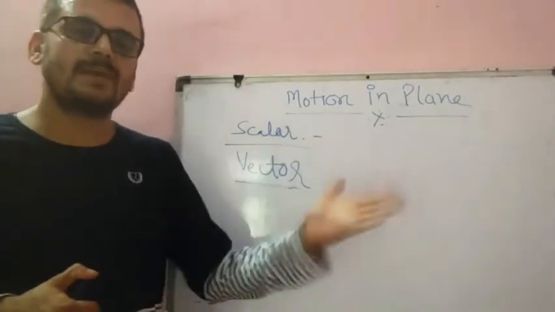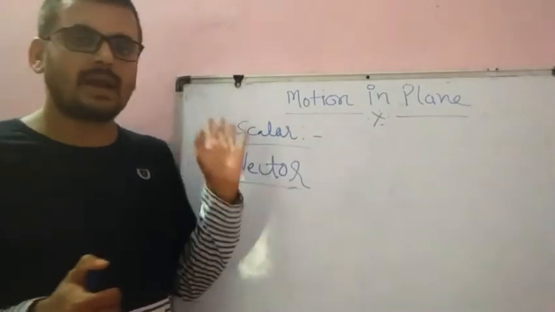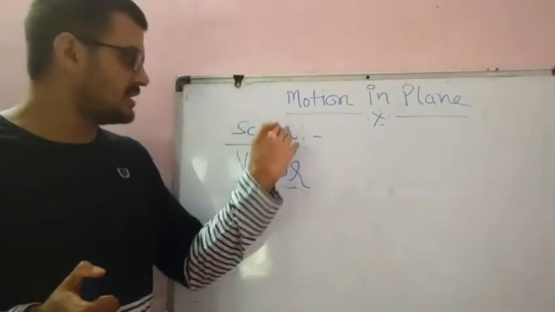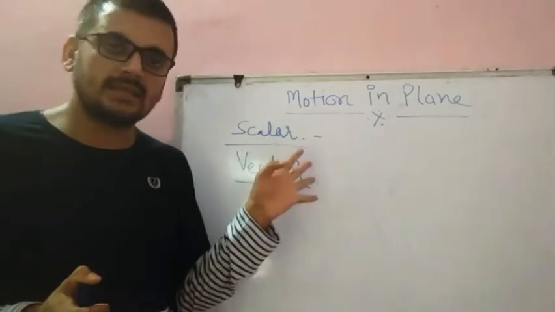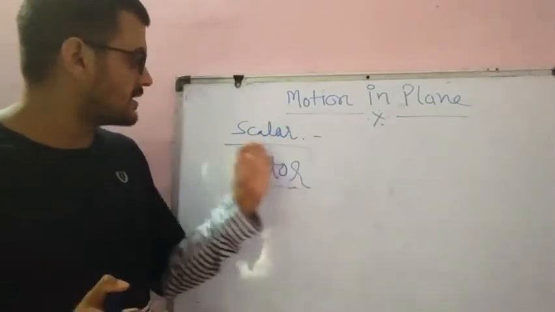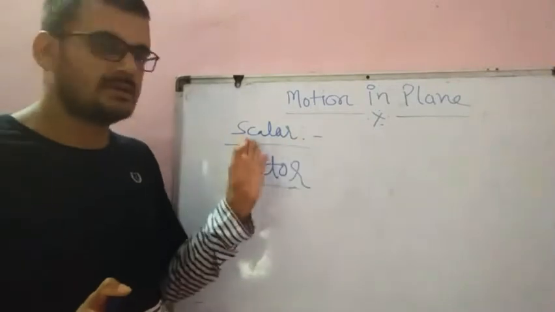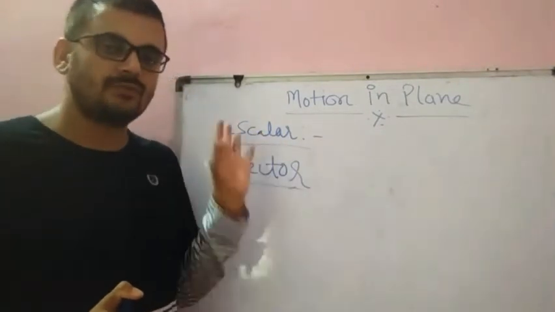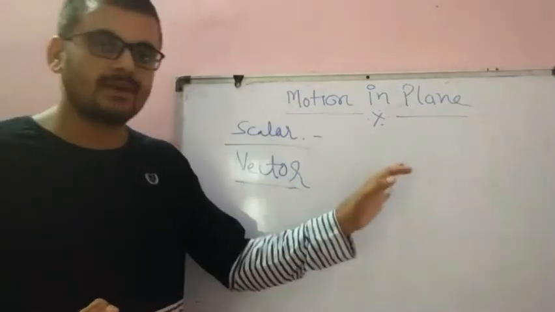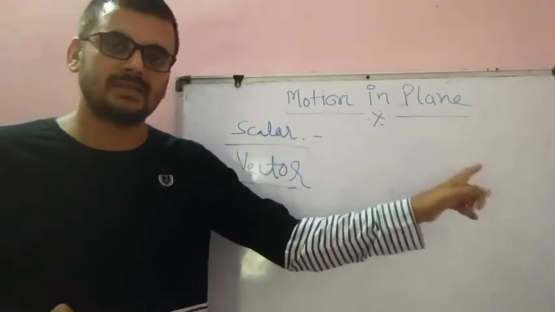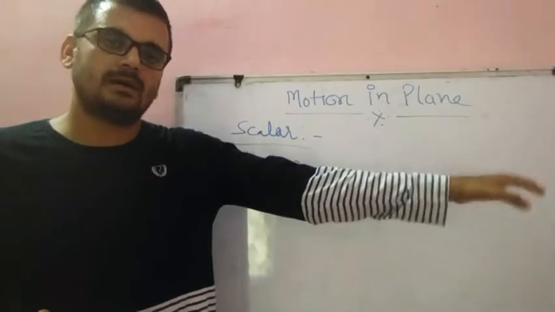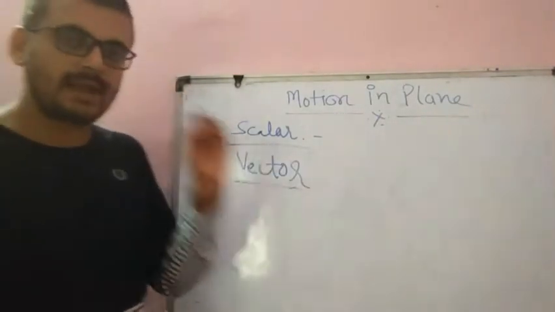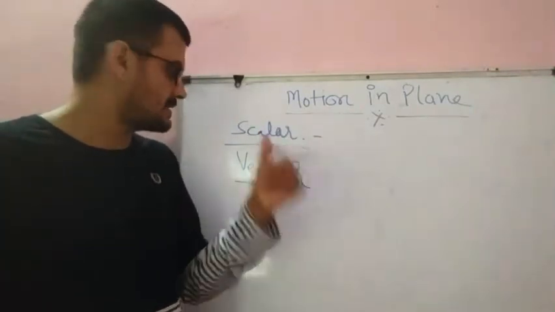These all are displacement. These all are vector quantities. We have already discussed these two topics in class 9th, so I am not explaining them again, but I think I have explained sufficiently the meaning of scalar and the meaning of vector. Scalar means magnitude only. Example: temperature, time, work, energy, etc. Vector means magnitude as well as direction.